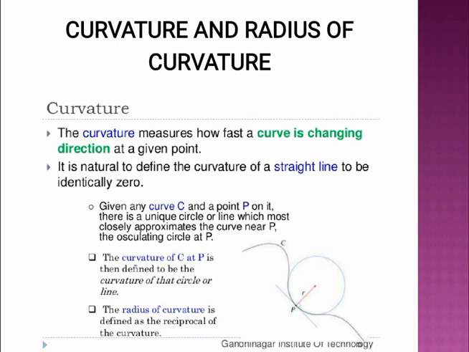Given any curve C and a point P on it, there is a unique circle or line which most closely approximates the curve near the point P. Here the diagram gives the osculating circle at the given point P. The curvature of C at the point P is then defined to be the curvature of the circle or the line. The radius of curvature is defined as the reciprocal of the curvature.